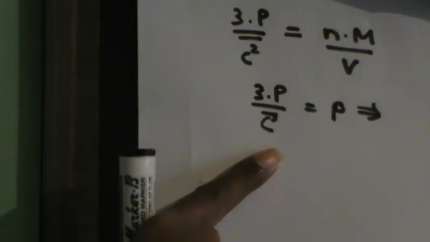Cross multiplying C squared bar and dividing by 3, P will be equal to 1 upon 3 rho times C squared bar. That's another equation that you can derive from PV equals 1 upon 3 N m C squared bar, from the kinetic theory of gases.